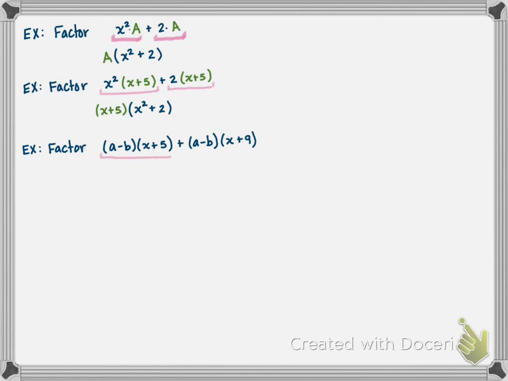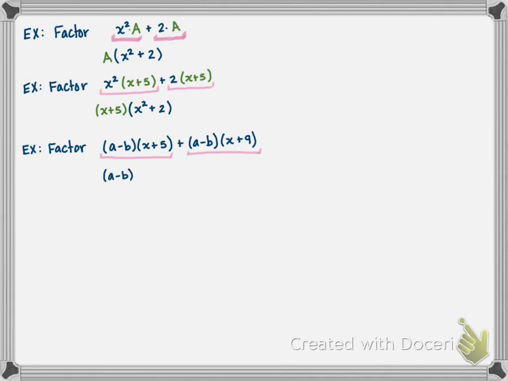This is a term, this is a term, and do they have any factors in common? A minus b, right? Within each of those terms we have a product. We have a minus b times x plus 5, those are the two factors in the first term. And then a minus b and x plus 9 are the two factors in the second term. So they have a common factor of a minus b.